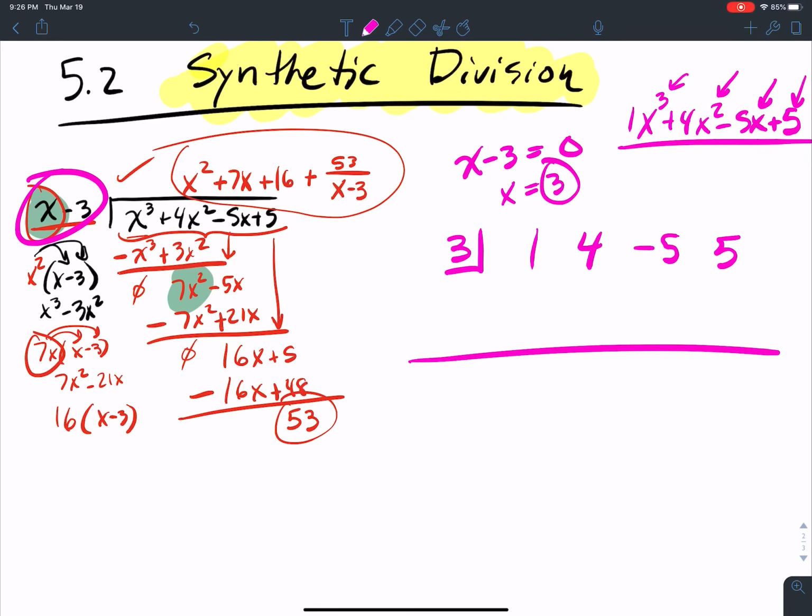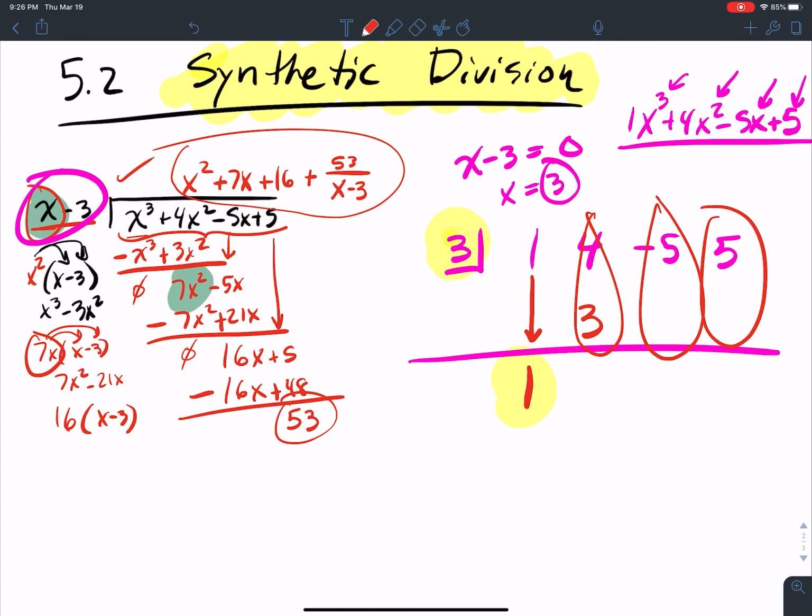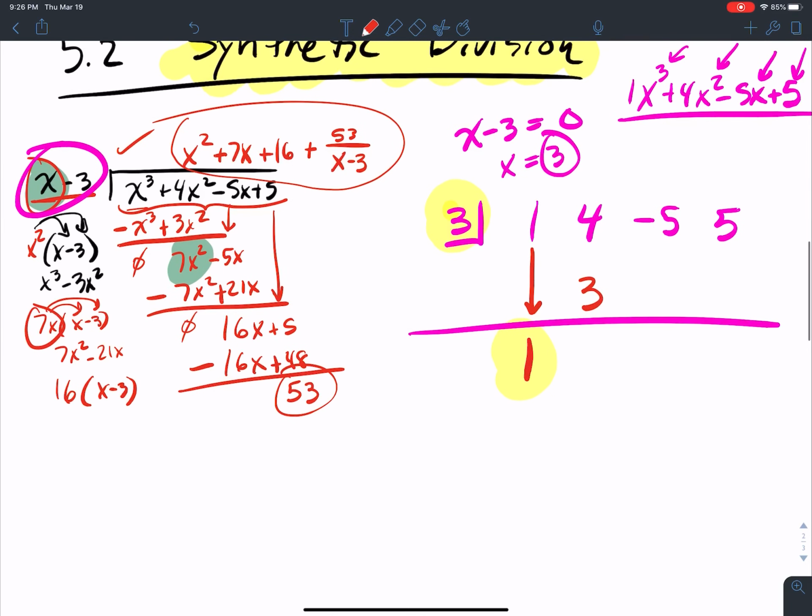Now I'm going to draw the line here. But no change the sign here; what we are going to do is this method. I'm going to take this 1 and drop it below the line. Everything below the line gets multiplied by what's in my box. So 1 times 3 gets me 3. So I put my 3 right here. And what am I doing with the pieces that are above the line? I'm adding them together. So 4 plus 3 is 7.